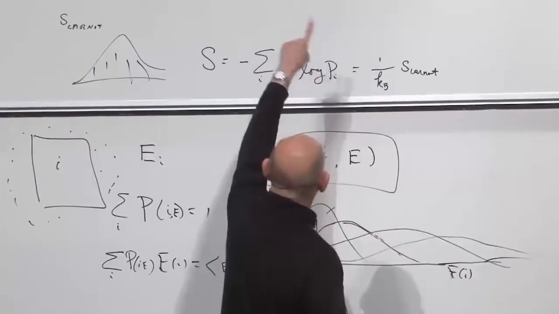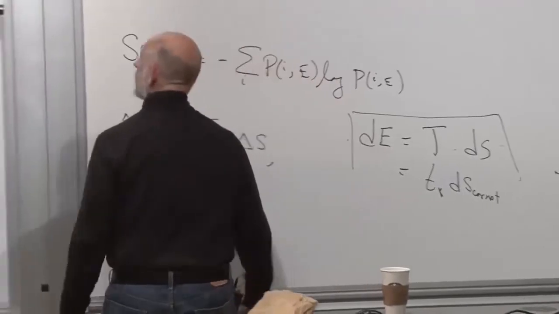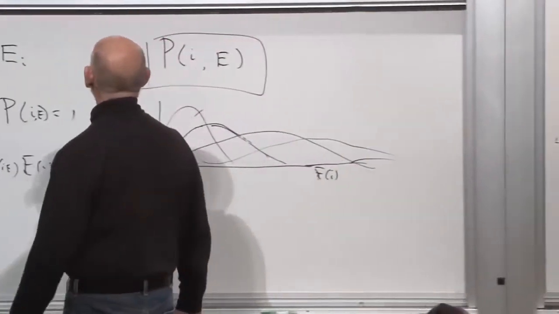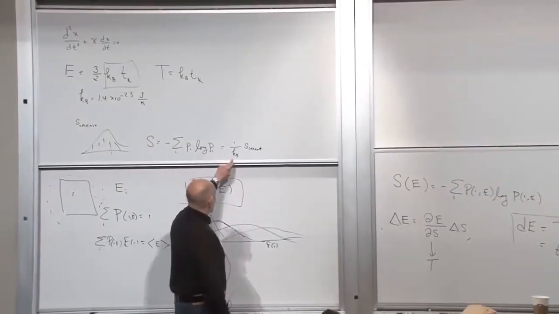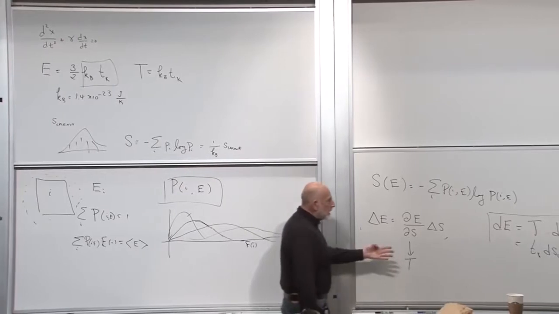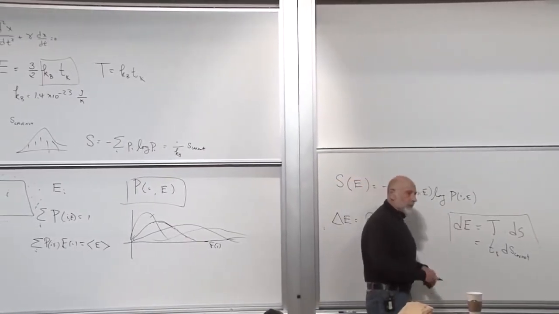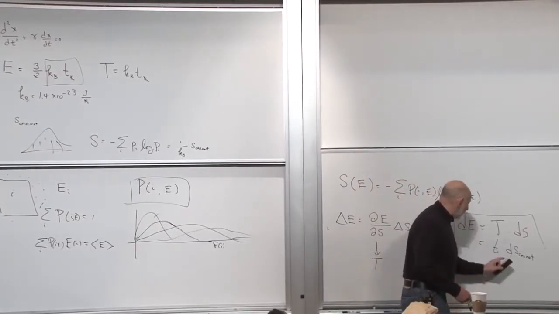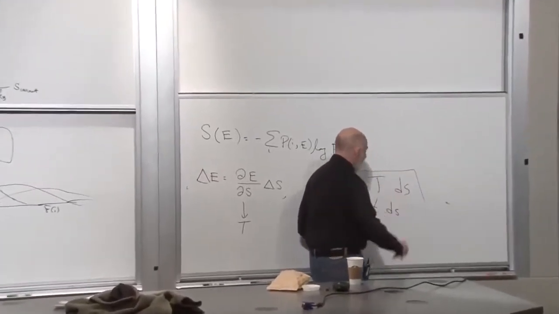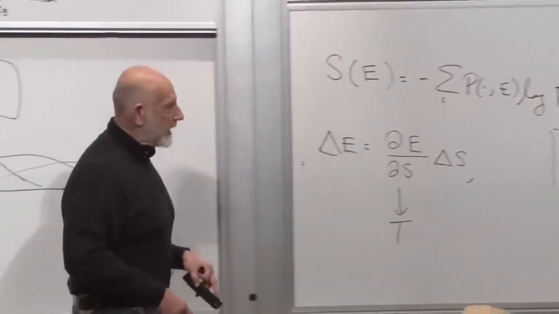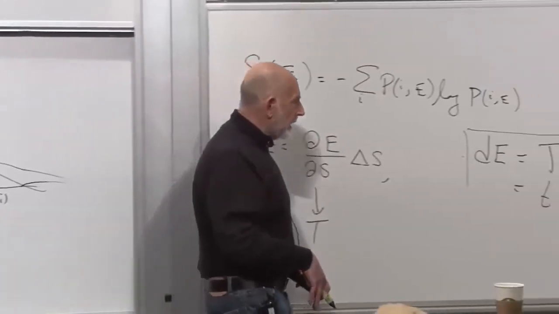Capital T is k Boltzmann times little t, and capital S is 1 over k Boltzmann times S Carnot. So they cancel, and this is why Carnot, who wrote this formula, wrote the energy equals little t dS. The Boltzmann factors cancel out of that. One gets a k in the numerator, one gets a k in the denominator.